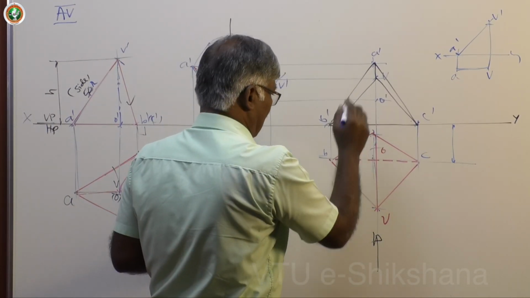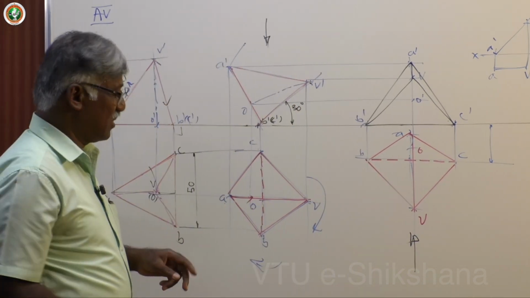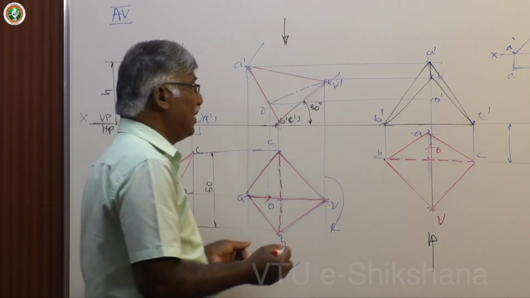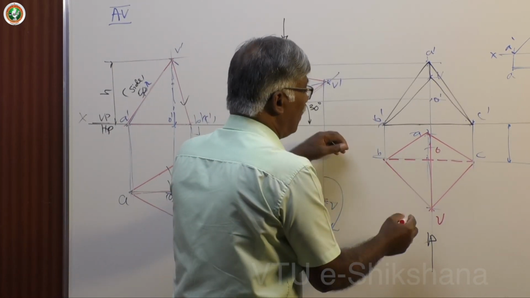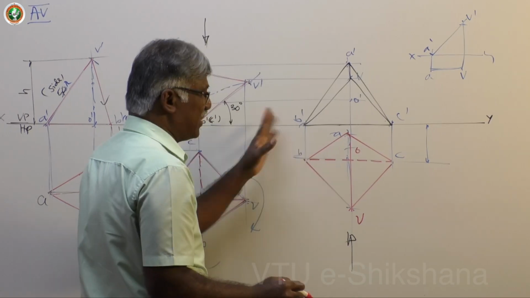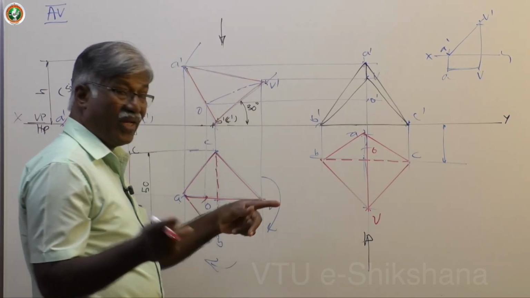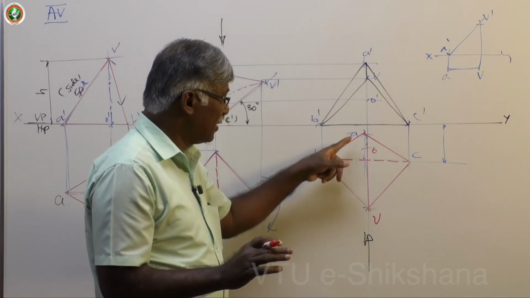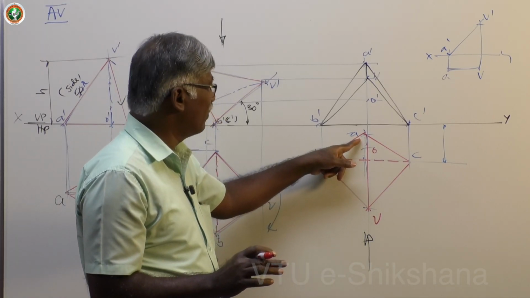Now, what are the visible and invisible lines? Now assume that I have drawn all light lines. How to keep the visible lines? Now you just check: the base is away from the observer, so the base is not visible. And if you take the farthest item from you, it is utter confusion. See, A is the farthest item from you, right?